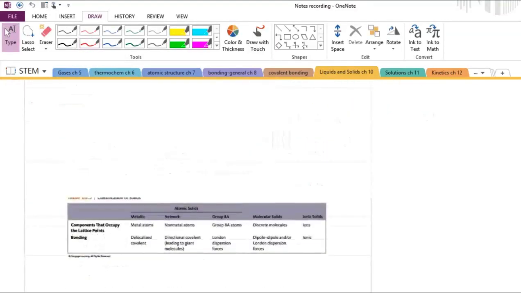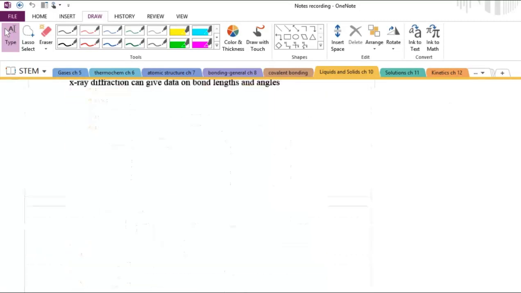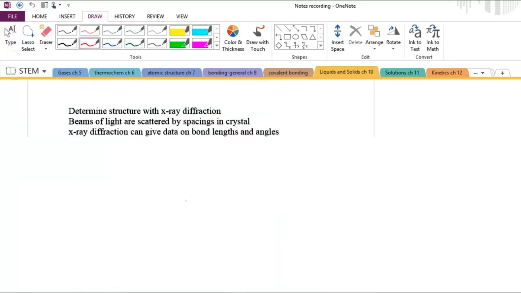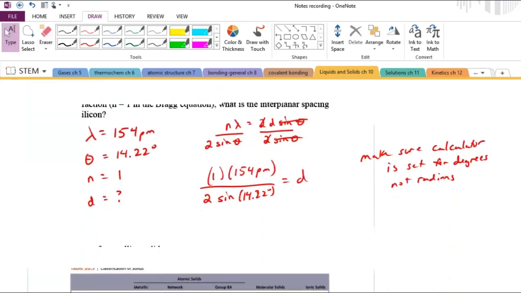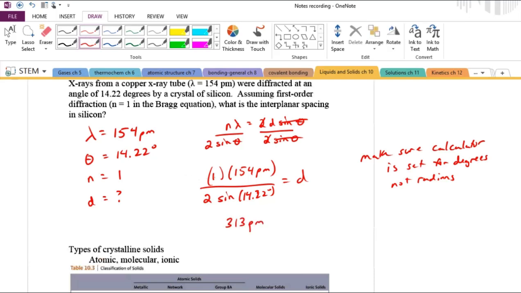Where did my stuff go? Well, that's odd. Oh, there it is. Nothing like some entertainment in your video. So we have 313, and the unit is going to be picometers, just like our wavelength.